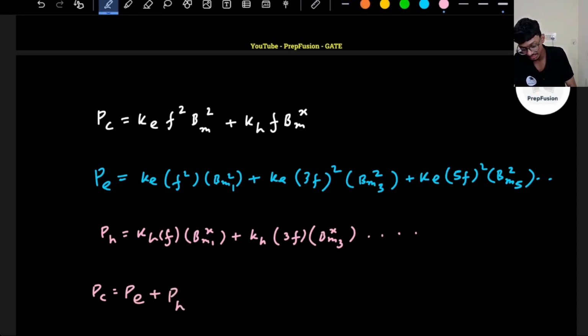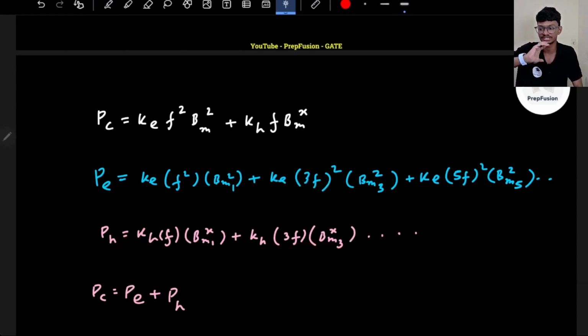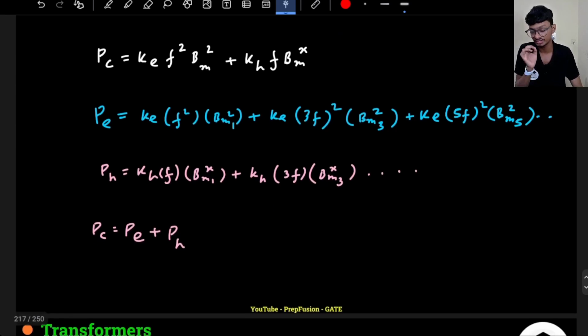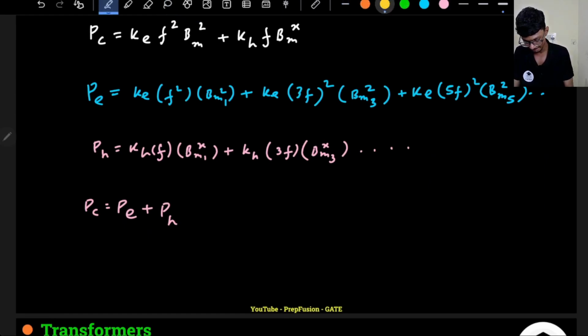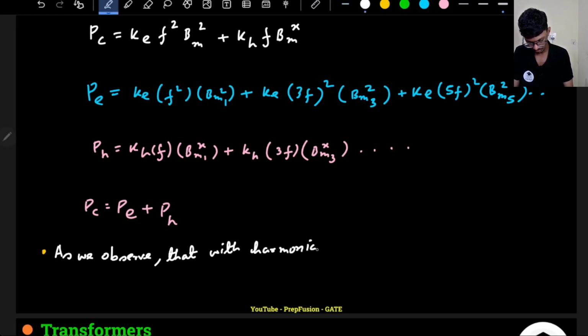That's why we say that if I have harmonics, the core loss increases, so the core becomes hotter. This is a disadvantage. That's why we say harmonics are unwanted. As we observe, with harmonics, core loss increases.